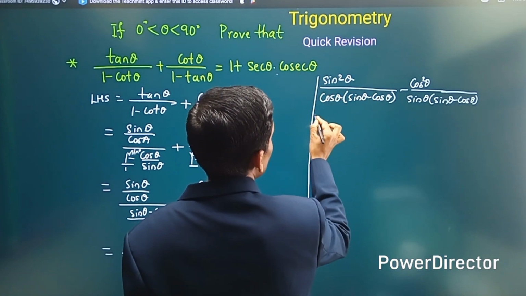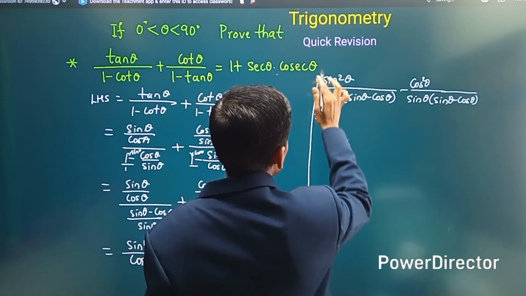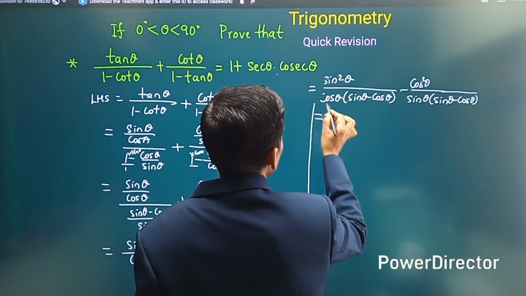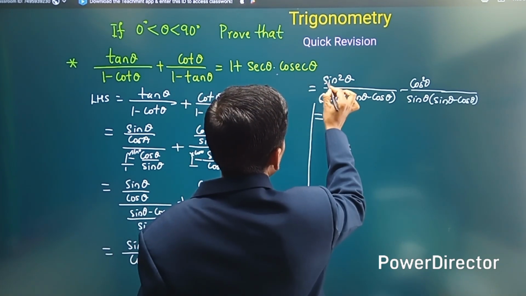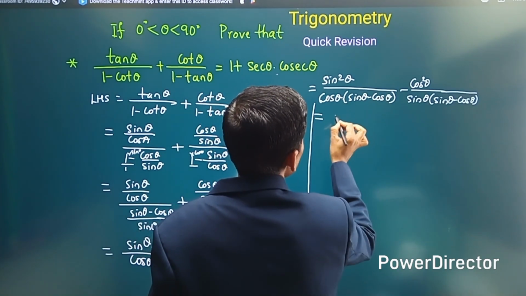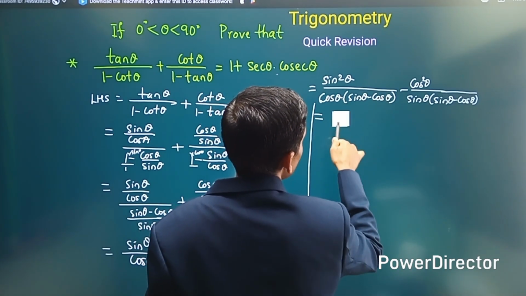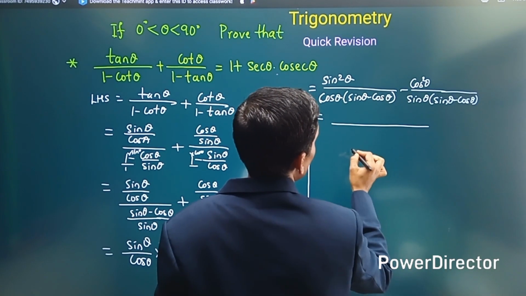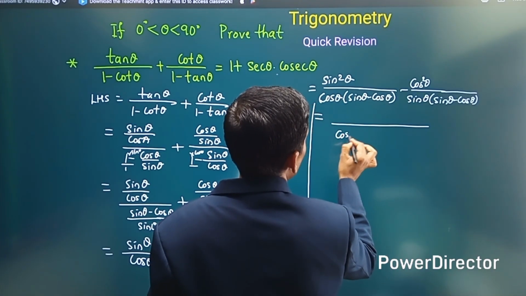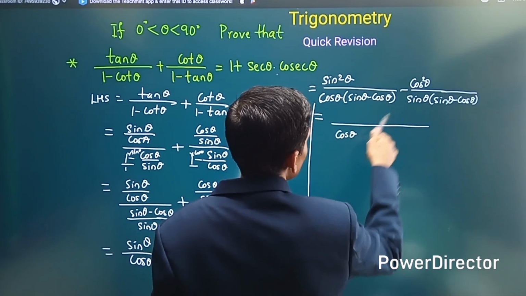Now coming to here is equal to again. Next coming to here, sin square theta means LCM you need to take first. If you take LCM, what do you get here? Cos theta into sin theta.